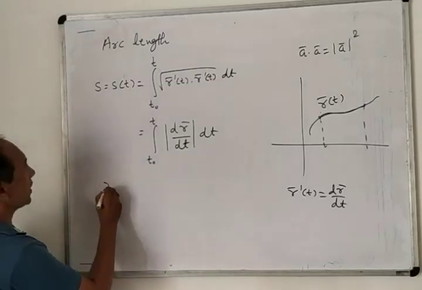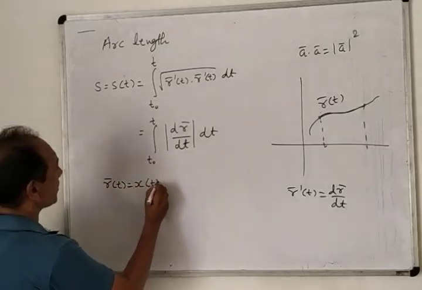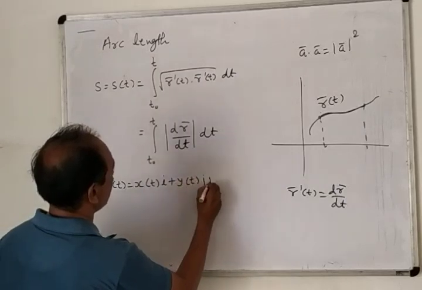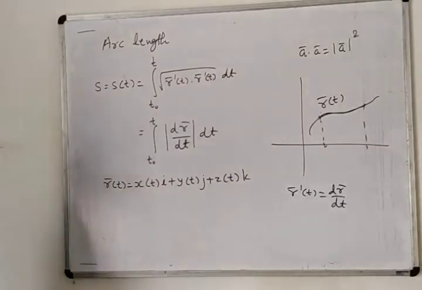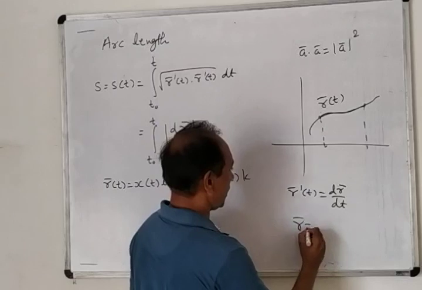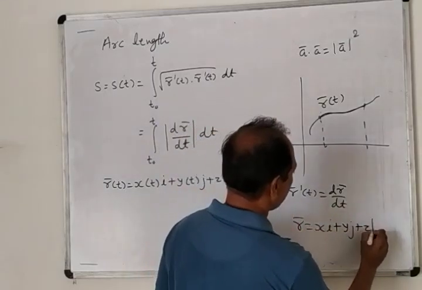But sometimes we are given the function r bar t in terms of x, y and z, that means x(t)i plus y(t)j plus z(t)k, because I also told you in the last lectures that whenever we have r bar, you must assume it is nothing but xi plus yj plus zk.